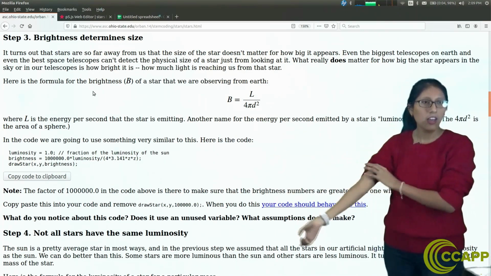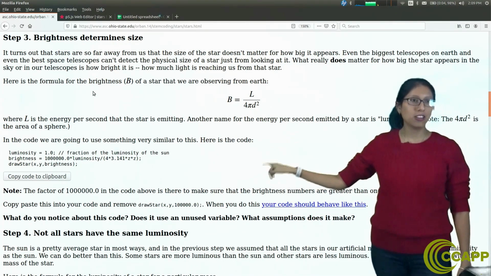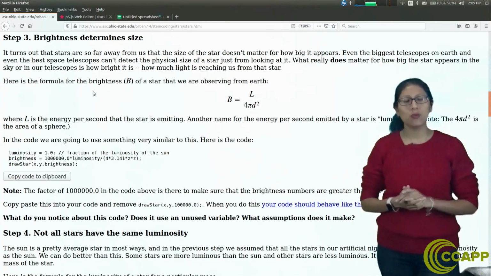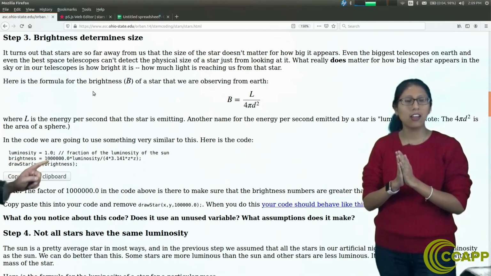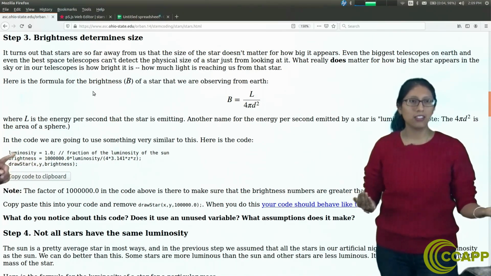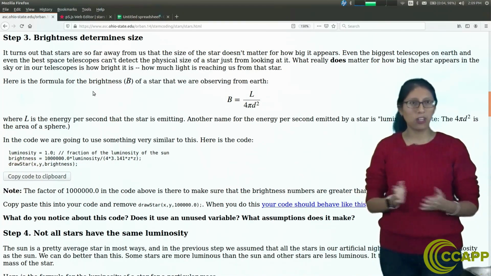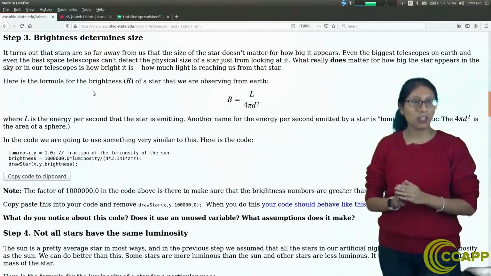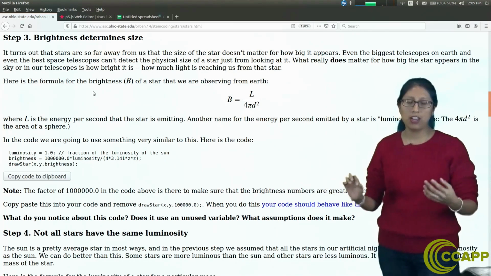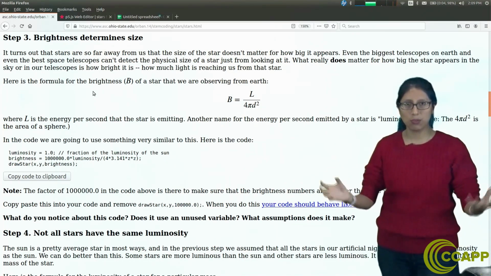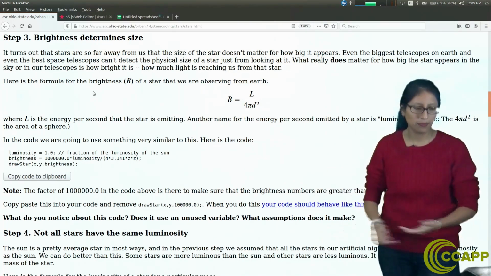So what we're doing is setting luminosity equal to 1, which means that we're just making that the luminosity of the sun. So we're just saying the sun has a luminosity of 1, and we're going to make all our stars that we now generate have an energy per second, or luminosity, equal to that of the sun.